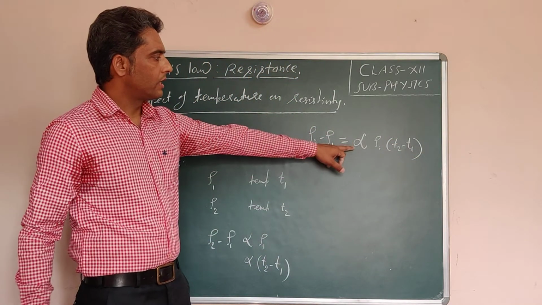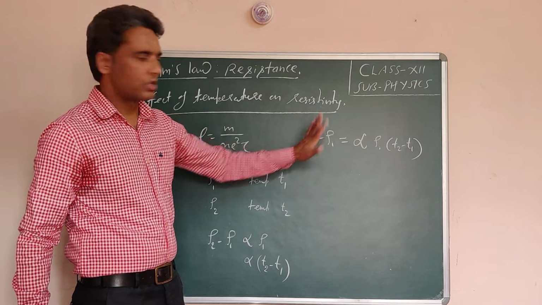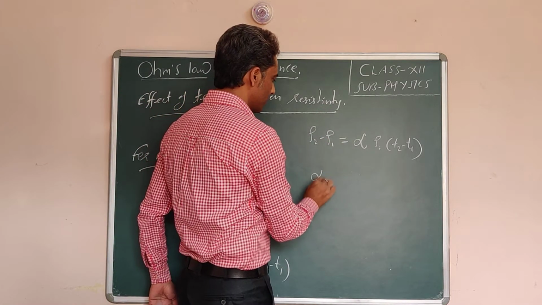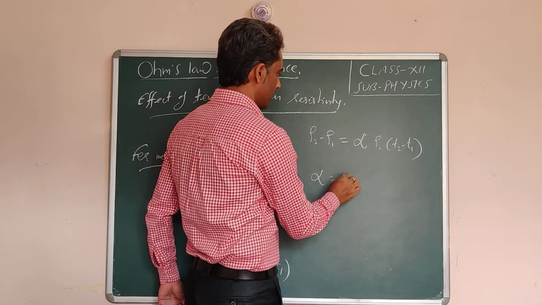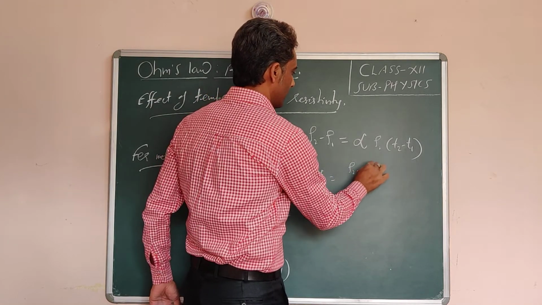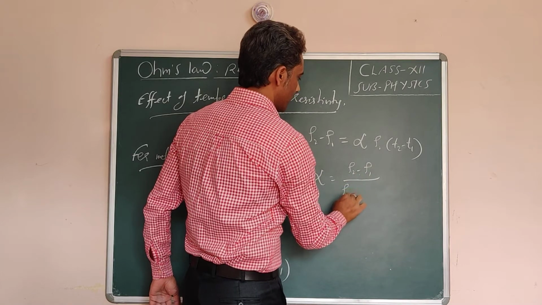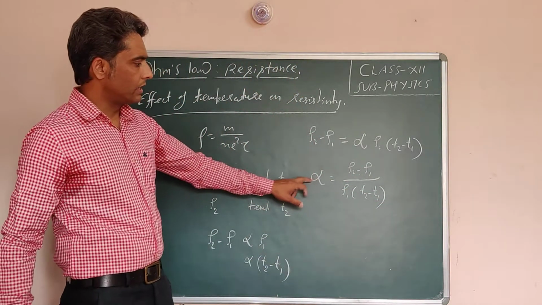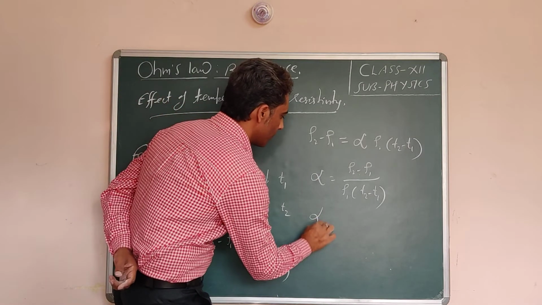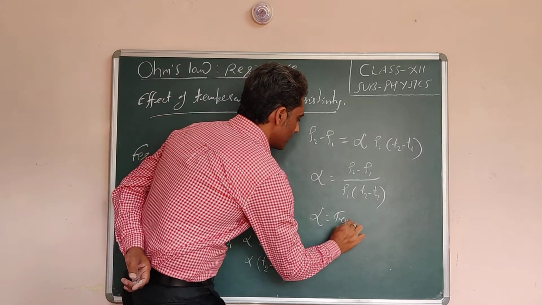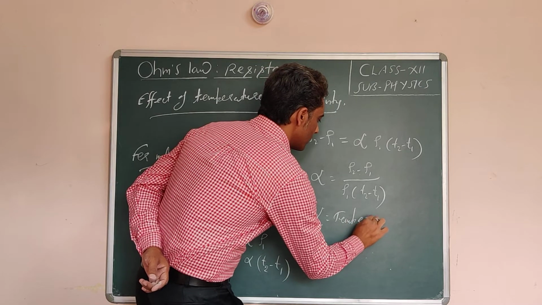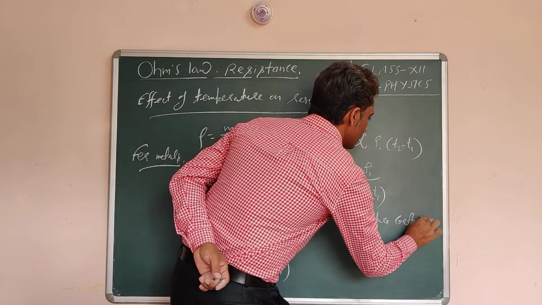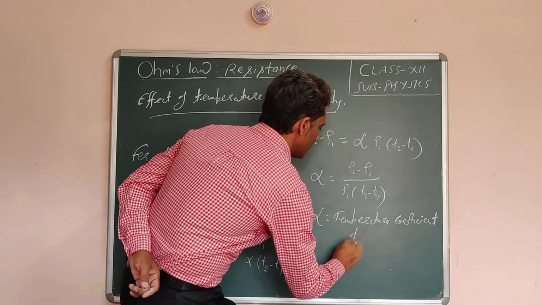Alpha is equal to (ρ2 minus ρ1) over ρ1 into (T2 minus T1), and it is known as temperature coefficient of resistivity.